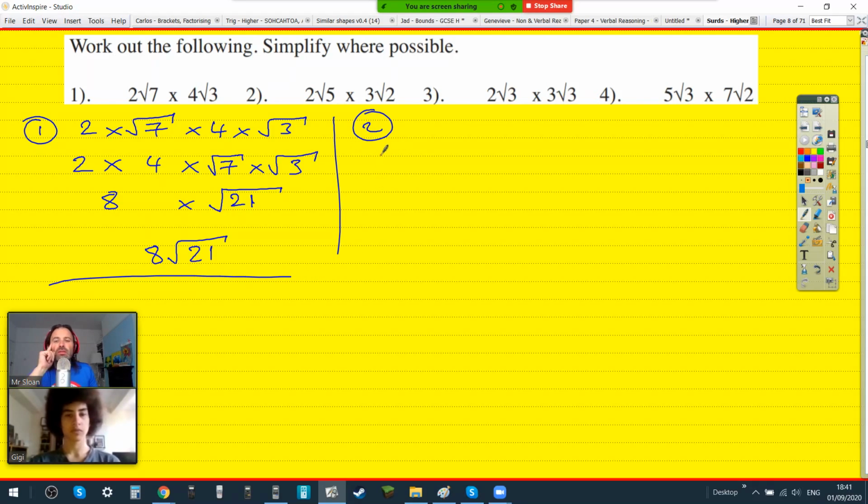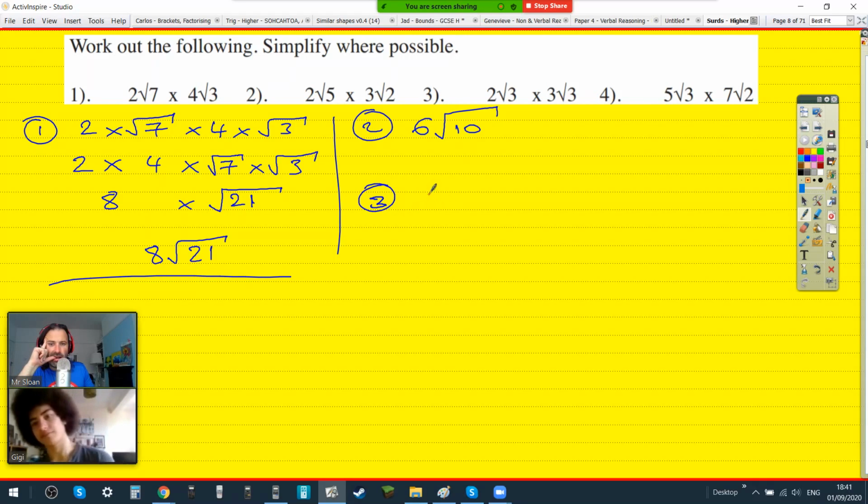So question 2. 2 times 3 is 6. 5 times 2 is 10. So it'll be 6 square root 10. Yeah. 3. 2 times 3 is 6. 3 times 3 is 9.